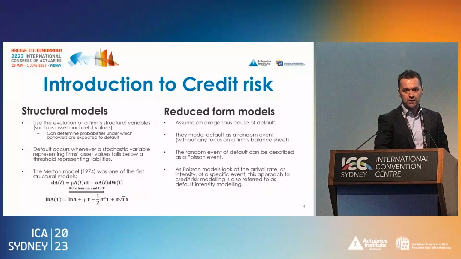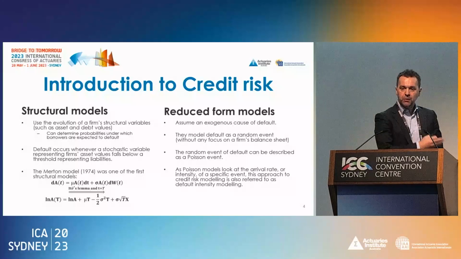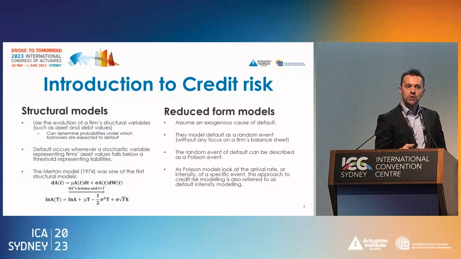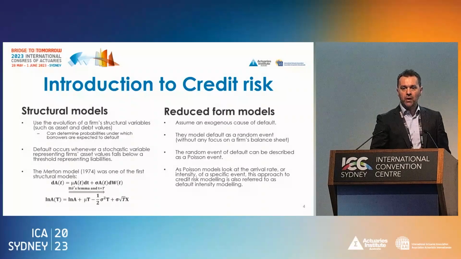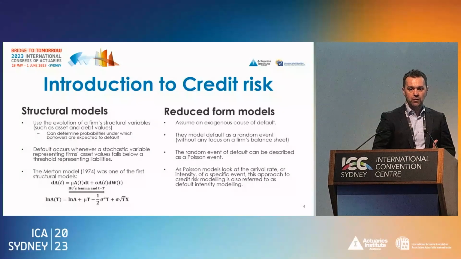It's like a random process which defaults or not, as simple as that. For this particular talk today, the focus was on structural models. Just a word of caution, the Vasicek model is a manifestation of the Merton model, but in the context of a well-diversified portfolio.